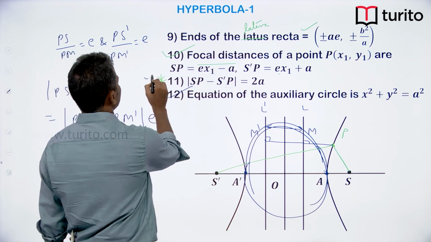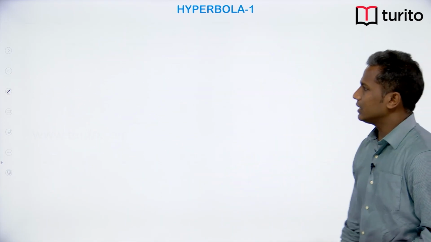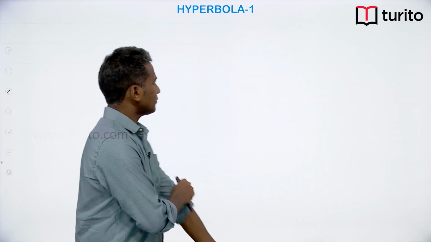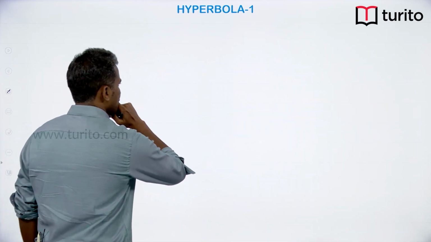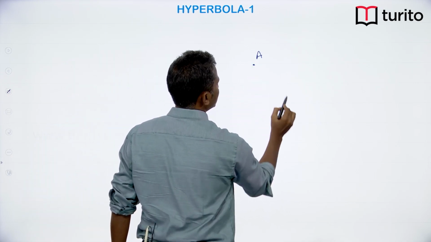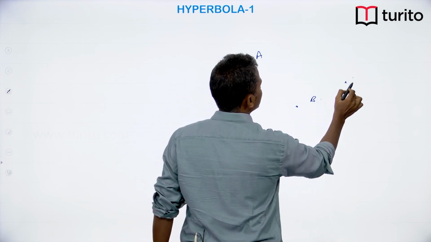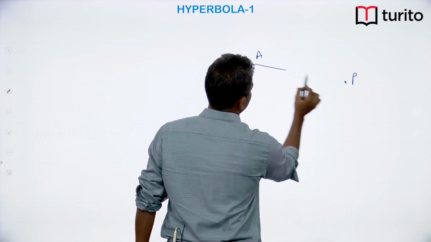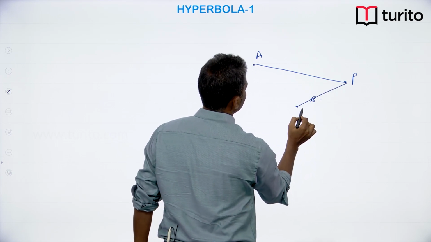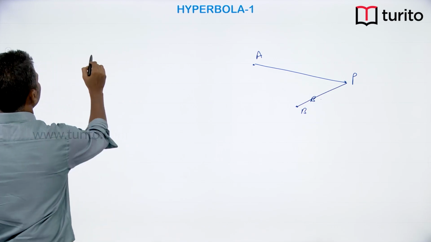Now, in the context of the star marked property, I will give you much more clarity. Suppose there are two points here, A and B. Now there is a point P which is varying such that PA minus PB is always a constant.